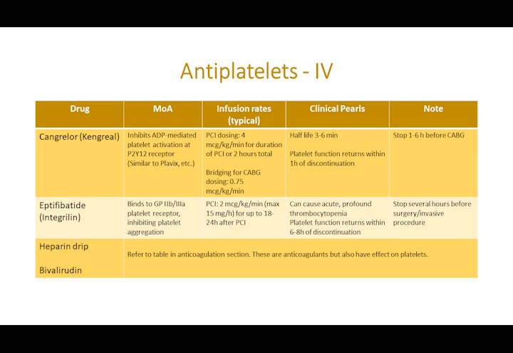One thing to keep in mind is that it can cause acute profound thrombocytopenia, and platelet function returns within 6 to 8 hours of discontinuation. So we do have to discontinue the drip several hours before any kind of invasive surgeries or procedure.